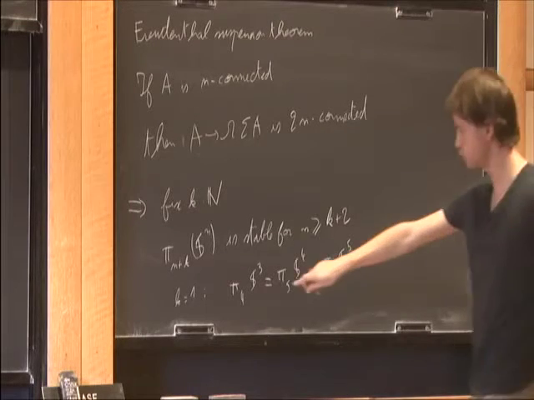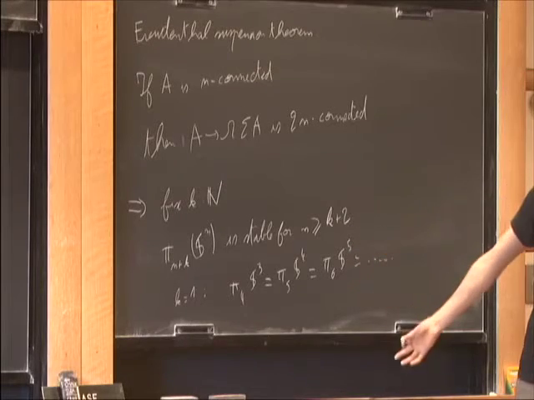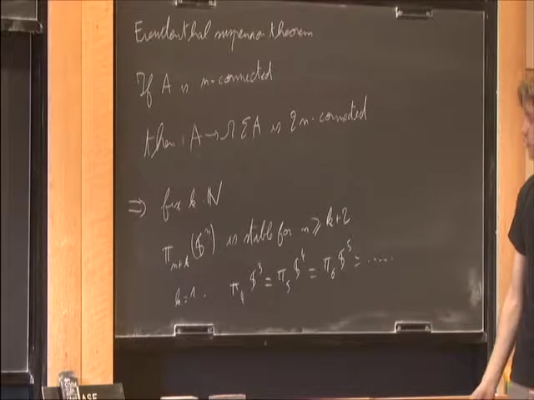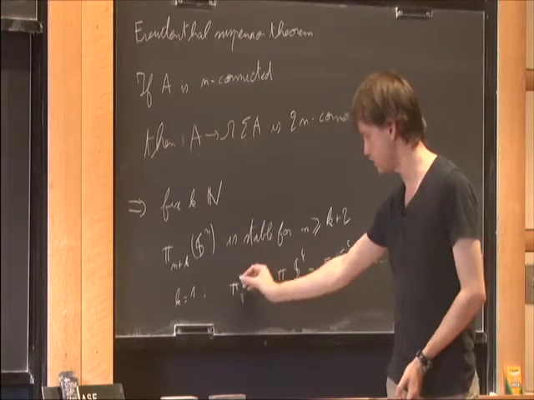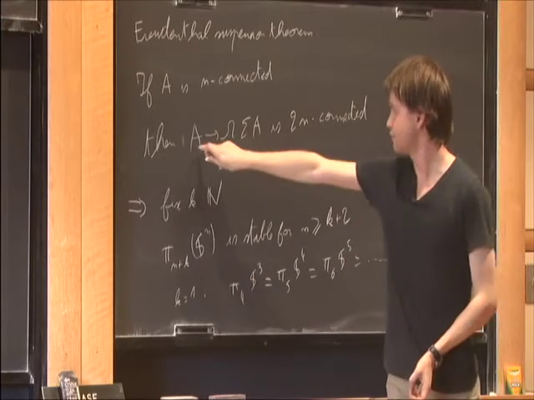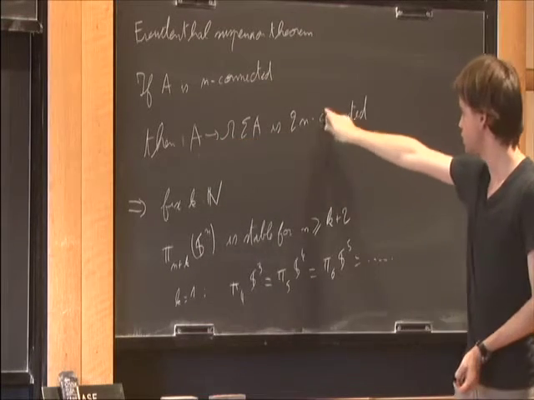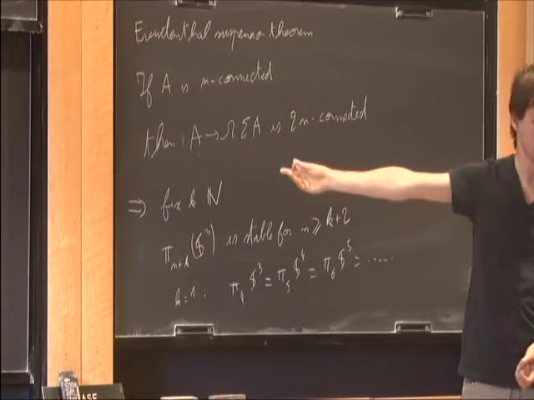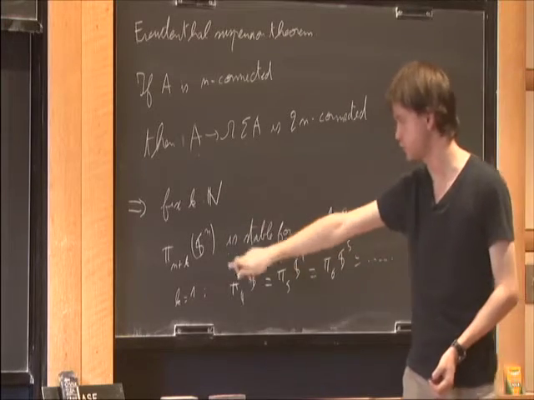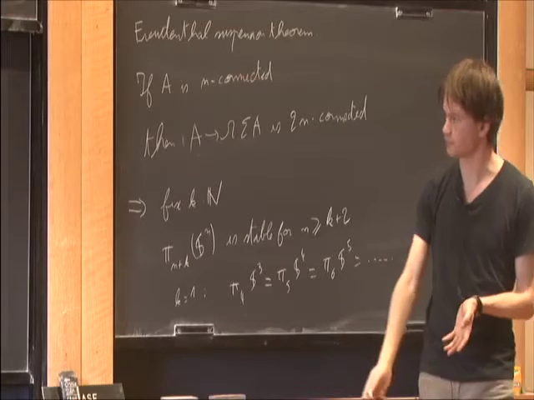So as soon as you know pi4 of S3, you get all the pi n plus 1 of Sn from that. Unfortunately, the Freudenthal suspension theorem does not explain how to compute pi4 of S3, because you have A to the loop space of the suspension of A, which is some 2n approximation, but it's not enough to compute pi4 of S3. We need a better approximation of it.